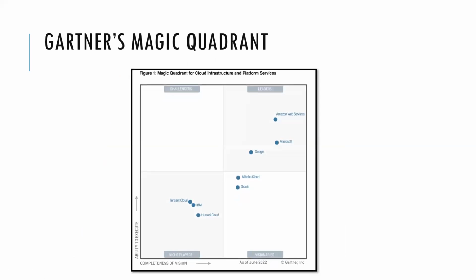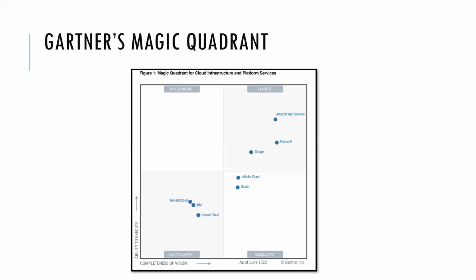When you also check what's doing better in cloud infrastructure and platform services, this is the Magic Quadrant which Gartner published in late 22. It discusses the completeness of vision versus the ability to execute these cloud infra.